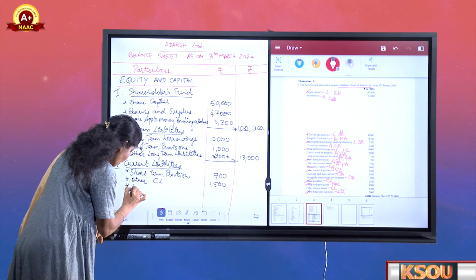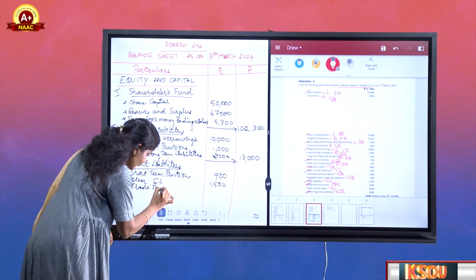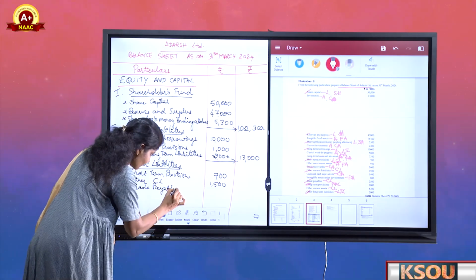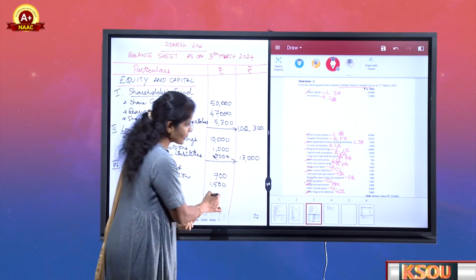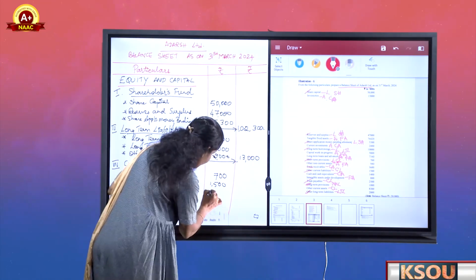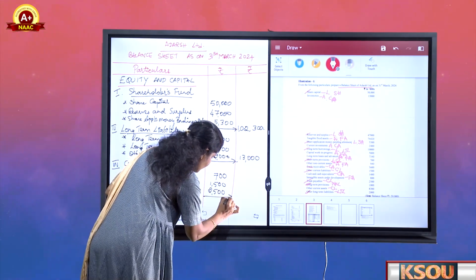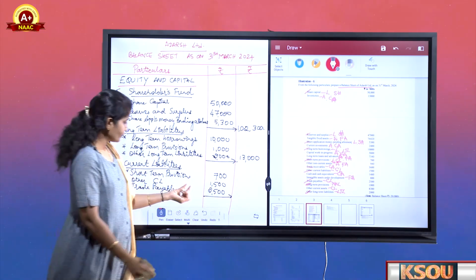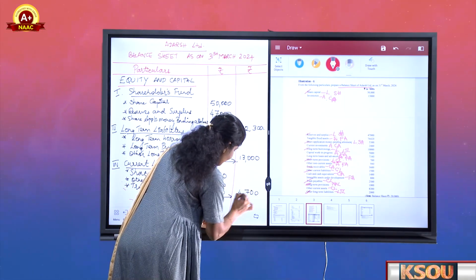Trade payables always include creditors and bills payable. Together we call them trade payables. This trade payables of 2500 is a current liability. Let us take this total. It is 4700.